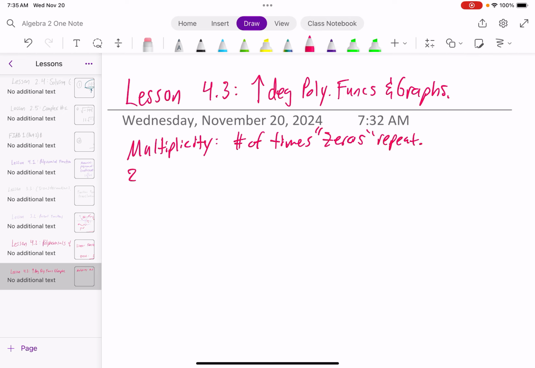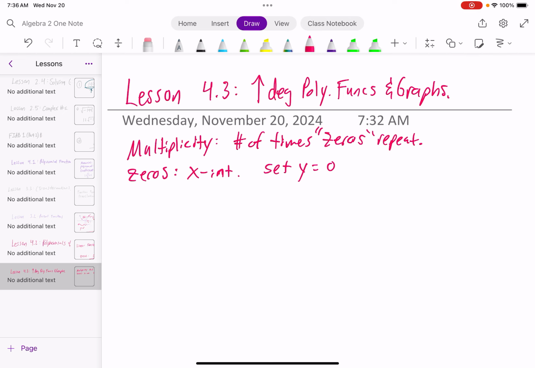What do I mean by zeros? I mean the x-intercept, right? You know how we set y equal to 0? Exactly. When we set something equal to 0 and then solve for x, those are x-intercepts.